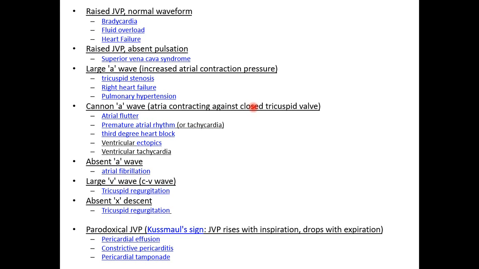Absent A wave in the JVP, there is no A wave, in atrial fibrillation. Large V wave when there is tricuspid regurgitation. Absent X wave in tricuspid regurgitation. Paradoxical Kussmaul sign, memorize this: pericardial effusion, constrictive pericarditis, and pericardial tamponade.